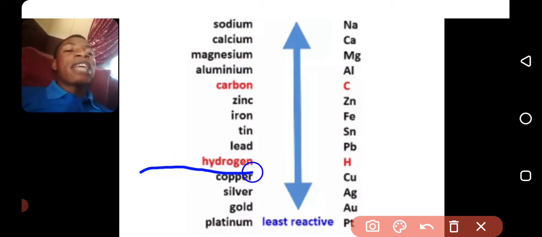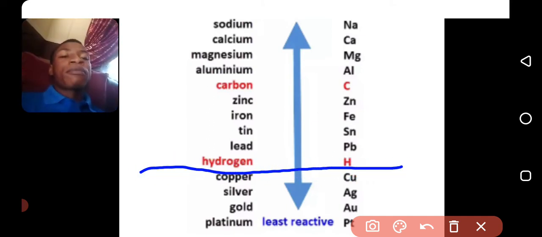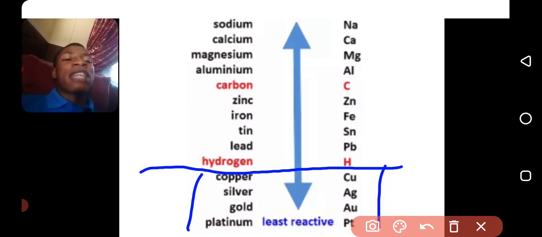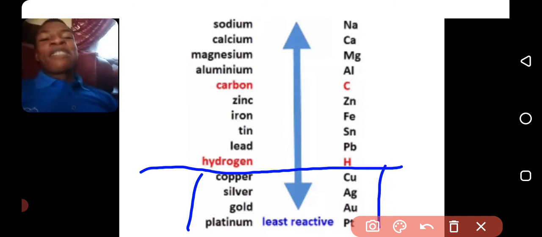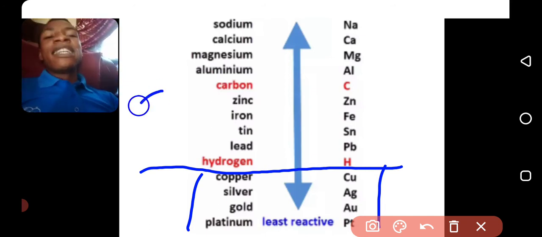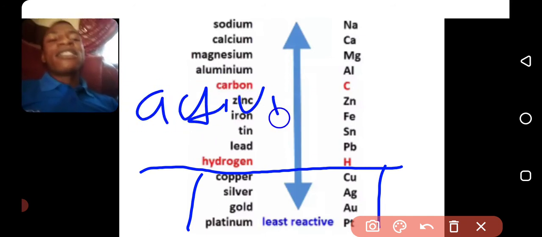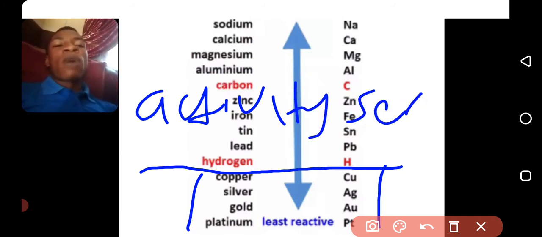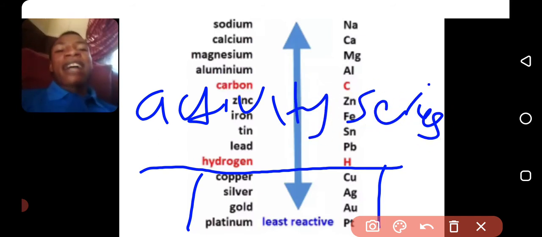All the metals below hydrogen here cannot displace hydrogen. So when you throw them inside dilute acid, no reaction will occur because they are lower than hydrogen in the activity series.